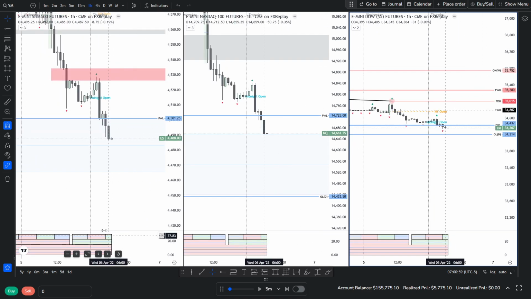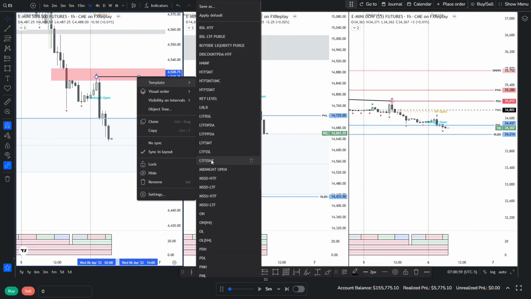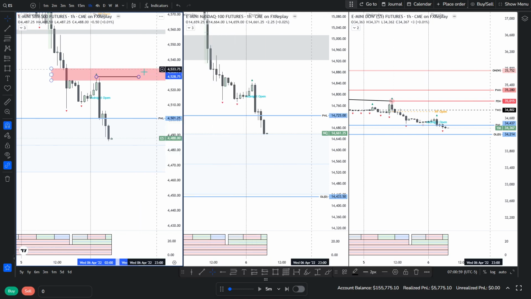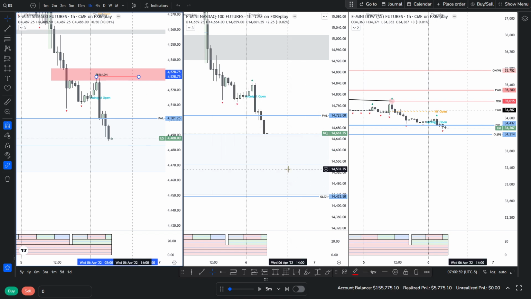Okay, so we have the London high, which formed inside of that H4 BISI.